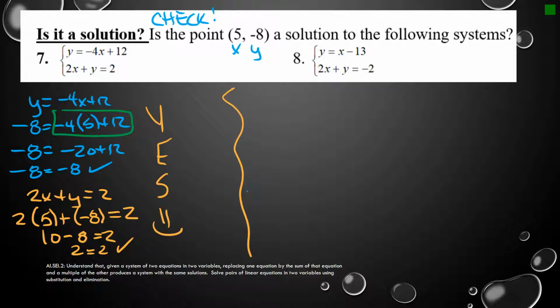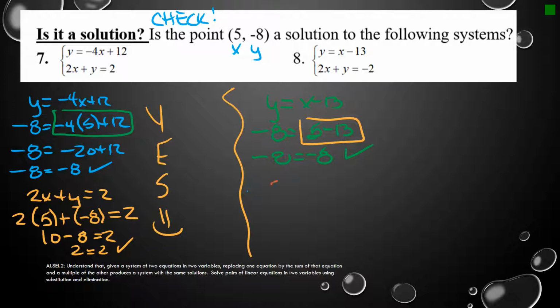For the other one, new colors, I've got y equals x minus 13. Y is negative 8. X is 5 minus 13. So over here on this side, I've got arithmetic to do. 5 minus 13 is negative 8. So do they equal each other? They sure do.